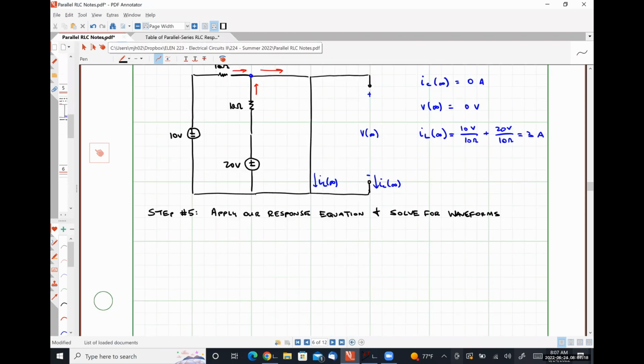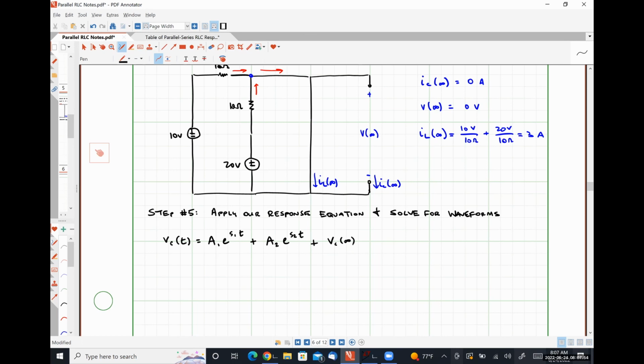Our voltage, in this case, we're considering it to be the capacitor voltage. So I'm going to say VC of t must be of the form A1 e to the S1 t plus A2 e to the S2 t plus VC at infinity.